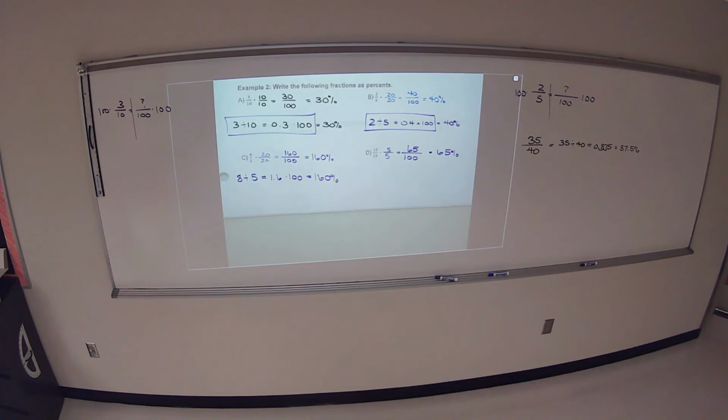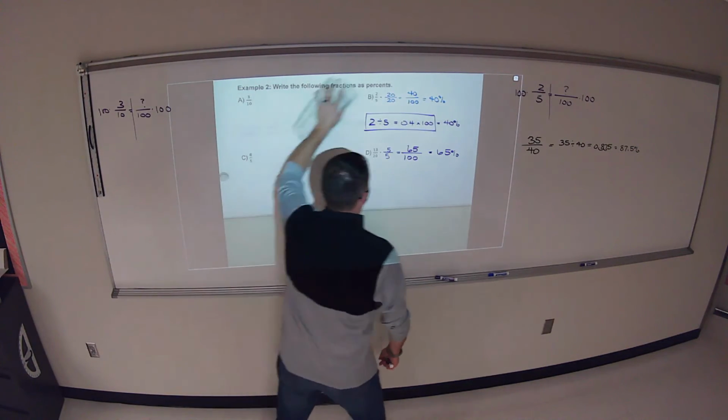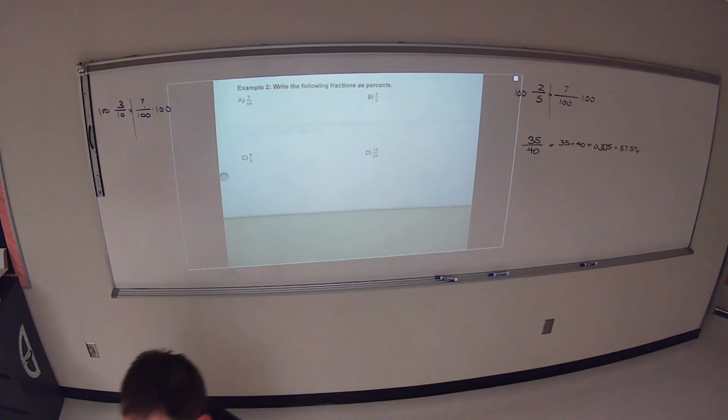It's just a real quick kind of cheat code on how to change a fraction into a ratio really quickly, whose denominator is always going to be 100. This will come back up later on when we start talking about percent problems. We're going to talk quite a bit about that.